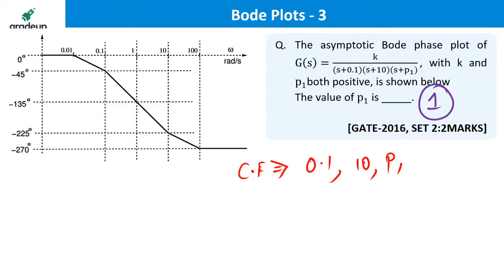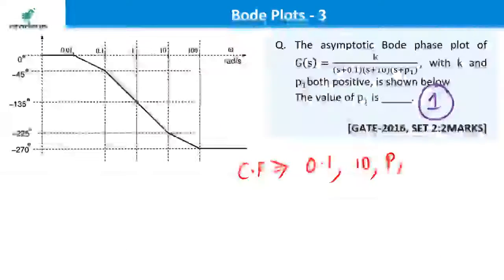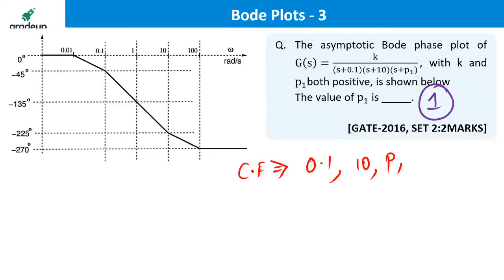Right. GATE 16, 2-mark question on the asymptotic phase plot. Alright, screenshot for this question. Then we go for the next one.